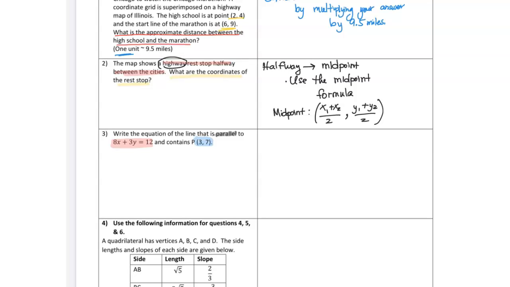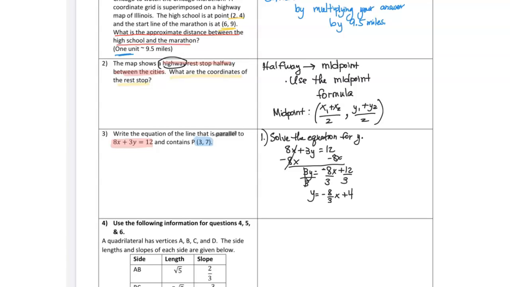The very first step, in order to identify our parallel slope, is to solve our equation for y. Once you've solved for y, you should find that your slope is negative 8 over 3.